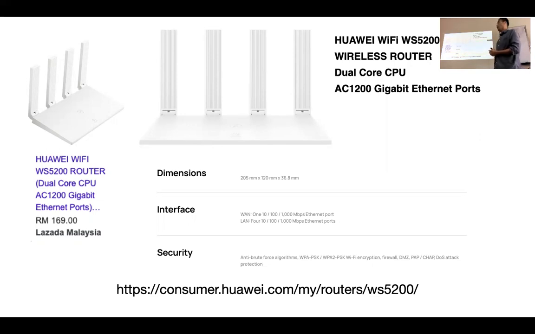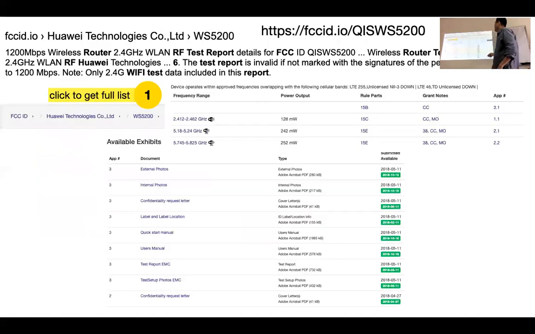For example, Huawei will give the information to the Malaysia side, like these brochures. Then they will send you a list or link. Where are the test reports? They must give us private access or public access. Betul tak? Most of the time it is private access, because this is a confidential document.